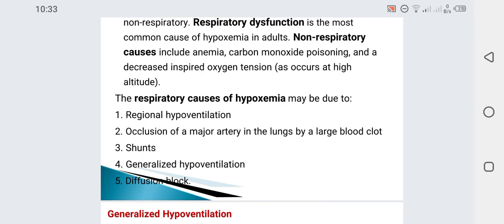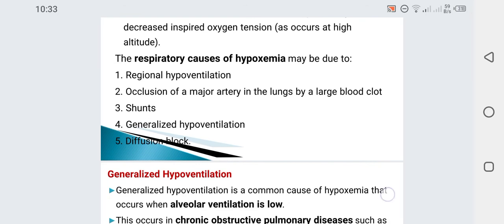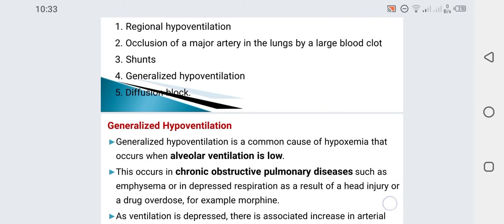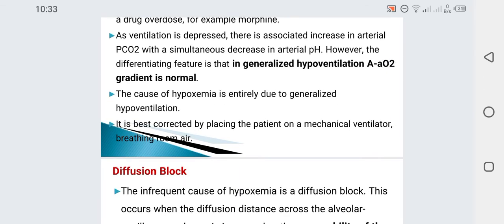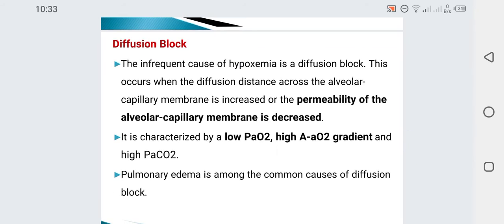The respiratory causes of hypoxemia may be due to regional hypoventilation, occlusion of the major artery of the lungs, shunts, generalized hypoventilation, and diffusion block. What is diffusion block?